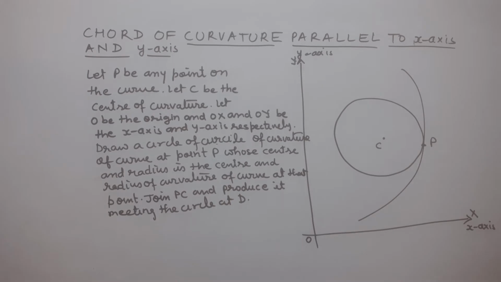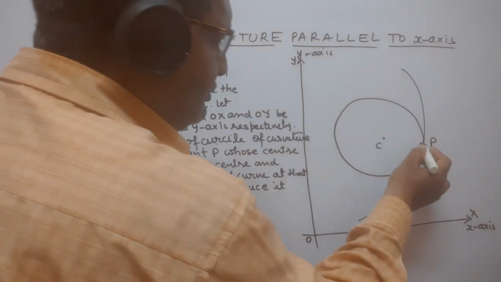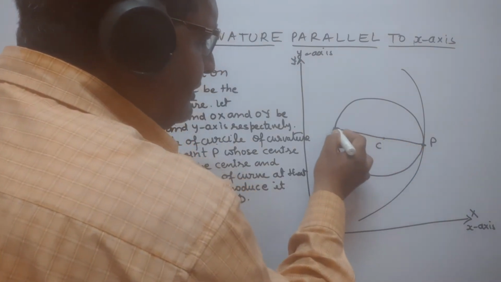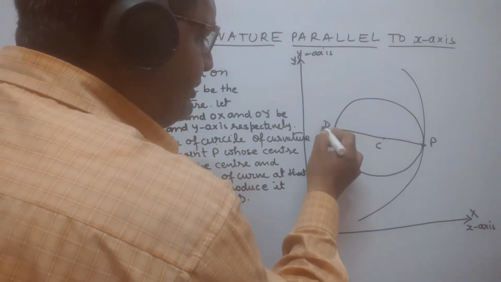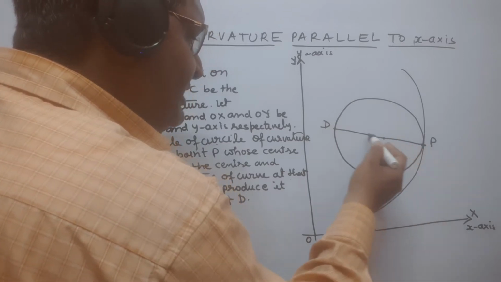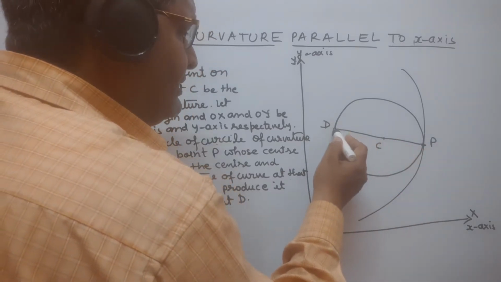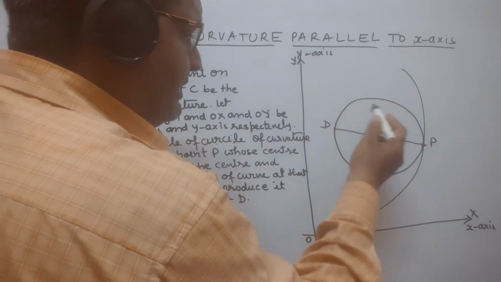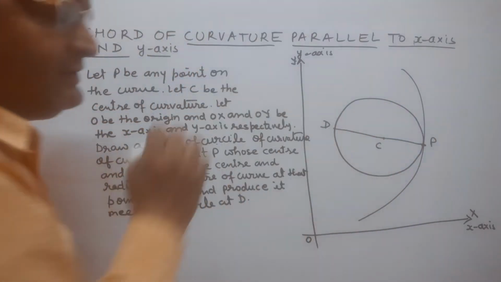Here we can see we produce PC to D point, this D point on the circle of curvature.